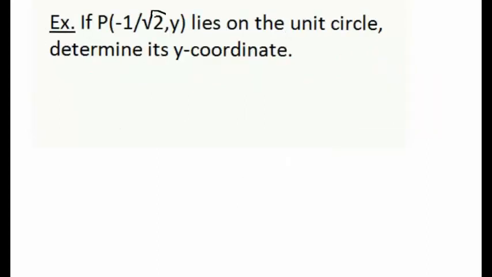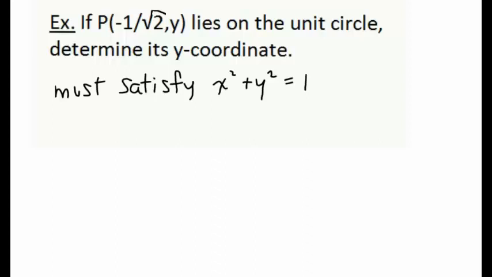Next, let's look at a question where we're given the point (-1 over root 2, y). If we know this point lies on the unit circle, we want to determine the y-coordinate of this particular point. Well, our point P must satisfy x squared plus y squared equals 1. Otherwise, it's not on the unit circle.